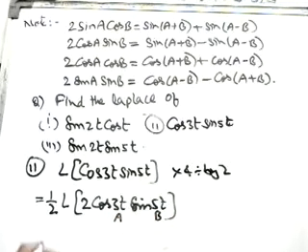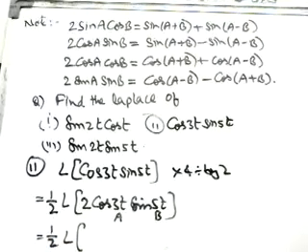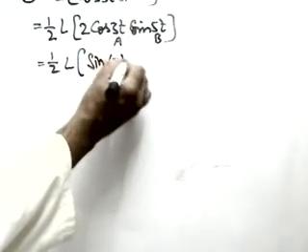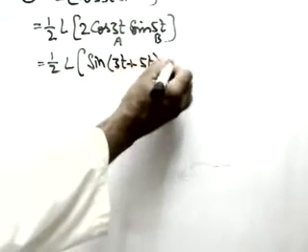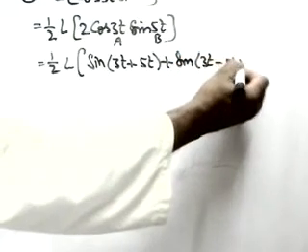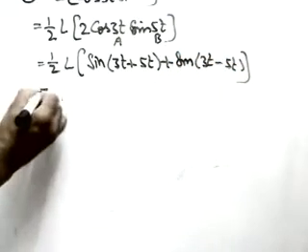Now see here, suppose this is a and this is b. So this will become half of Laplace of 2 cos a sin b. Just now we have seen here sin(a plus b) minus sin(a minus b). So we can use the formula here. Sin(a plus b) means sin of 3t plus 5t, minus sin(a minus b), 3t minus 5t.